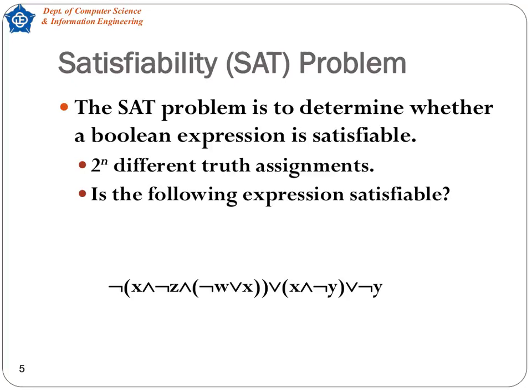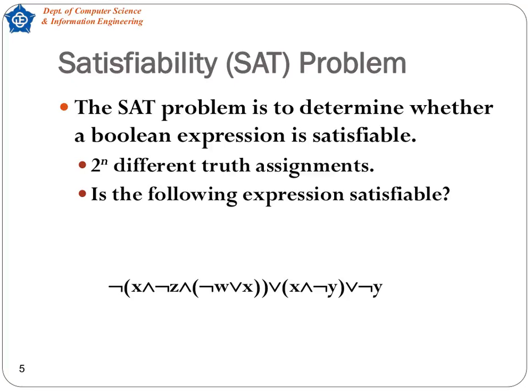Now, building on our discussion of polynomial reductions, let's turn to the Boolean satisfiability problem, or SAT. SAT asks whether there's a way to assign true or false to each variable in a given Boolean expression so that the whole formula evaluates to true. In the worst case, you might have to try all 2^n possible assignments for n variables.